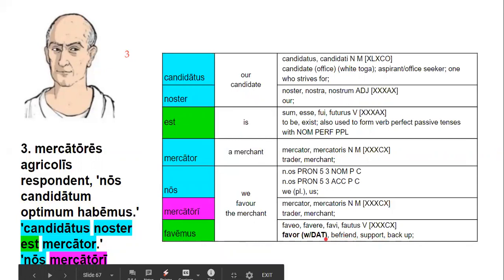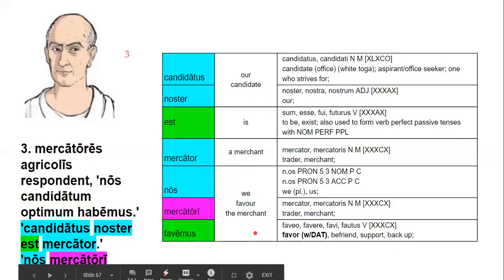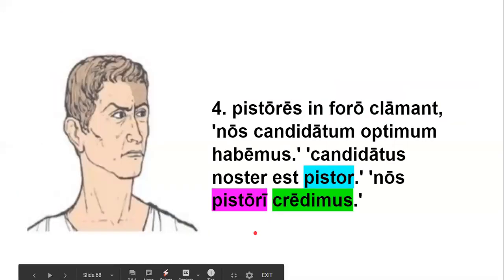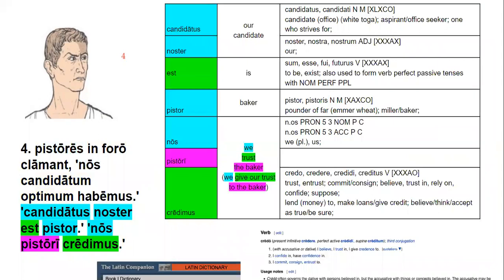So we're going to have that definition right here. So that'll give you a sense. If you go into a dictionary, it'll have a much longer entry for faveo. But just be aware of that as we kind of get you used to using your dictionaries. Very good. And that's all the information we have there.